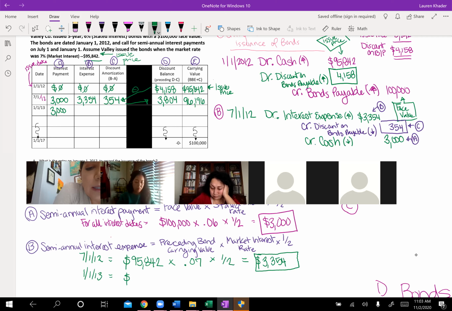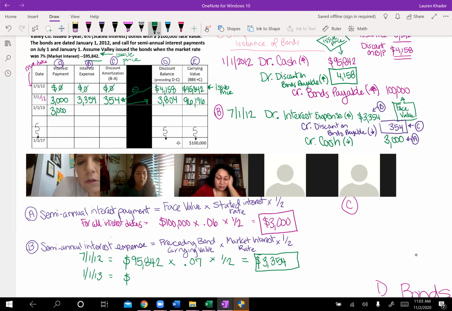What is the preceding bond carrying value? 96,196. Yep, from the table. So slightly higher than we had before because we've already amortized the bonds for one period. The market interest rate does not change. It's still at 7% times 1/2.